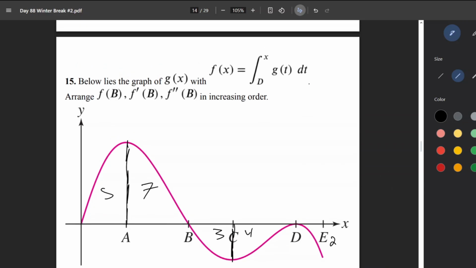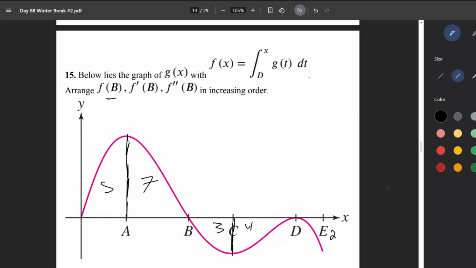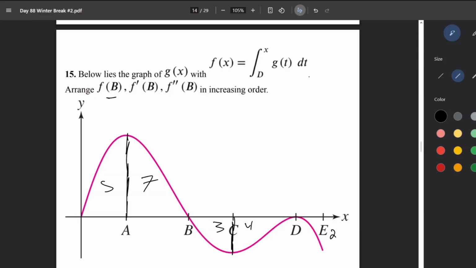Okay, so f of b would just be the area from D to B, and we have to remember sign conventions. When the lower bound is greater than the upper bound, the signs flip. So f of b would be negative. Now f dash of b would just be the graph, and it is at 0.